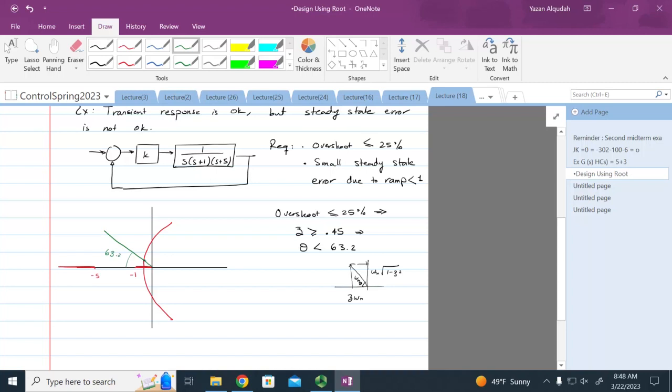I can find the intersection point here, and this intersection point is going to be when k is equal to 4.188, at negative 0.404 plus or minus j 0.802.